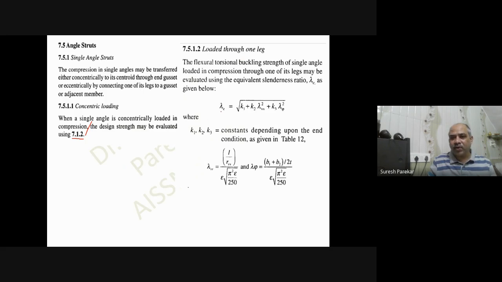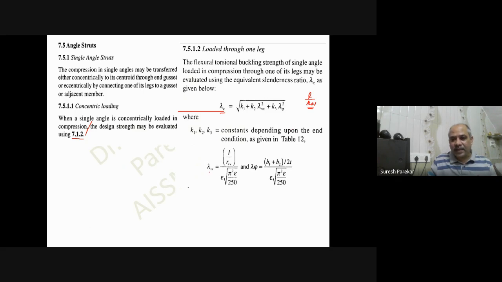In that case, we have to find lambda E, and lambda E we find by using this formula: K1 plus K2 lambda VV whole square plus K3 lambda phi square. Lambda VV is L by r, and this r is rVV. In the case of a single angle section, we have to see four radii of gyration: rXX, rYY, rUU, and rVV. rVV is always minimum in a single angle section.